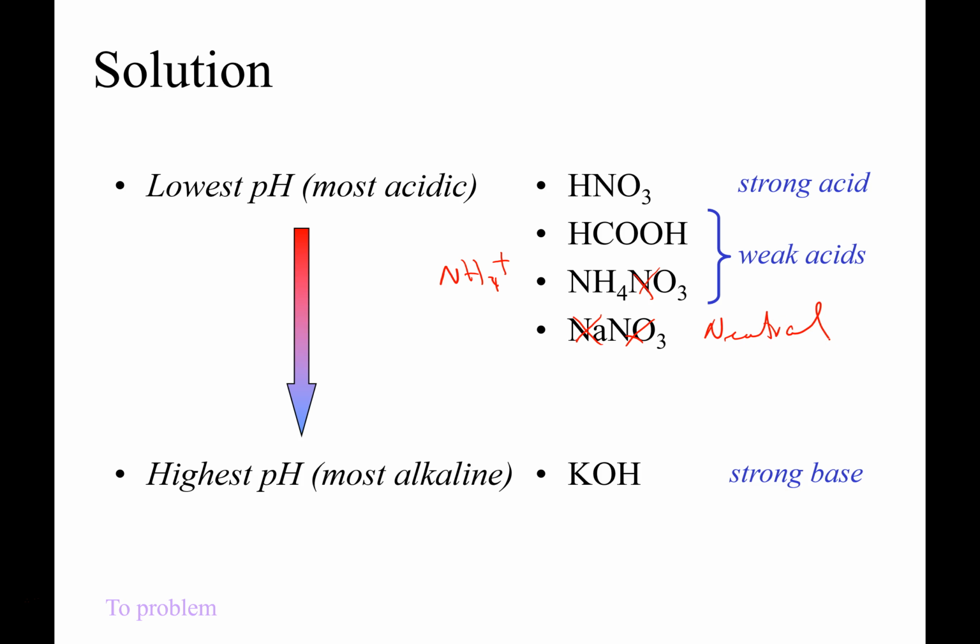And then we go on to our wimpy base. And our wimpy base, again, Na was just a spectator, but what made it basic was the HCOO with a negative one, the formate ion.